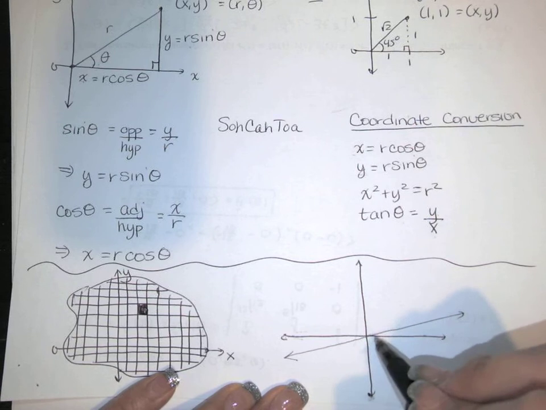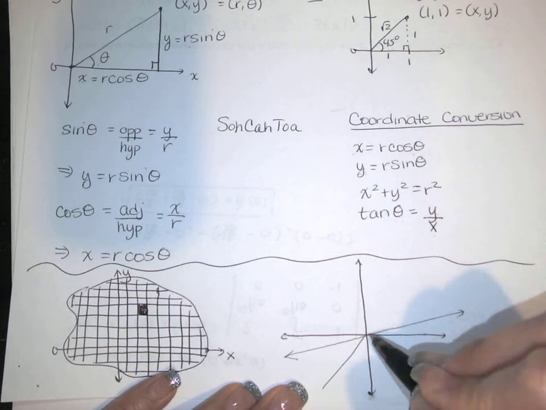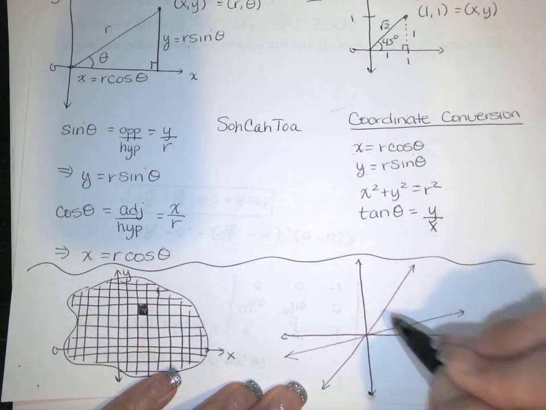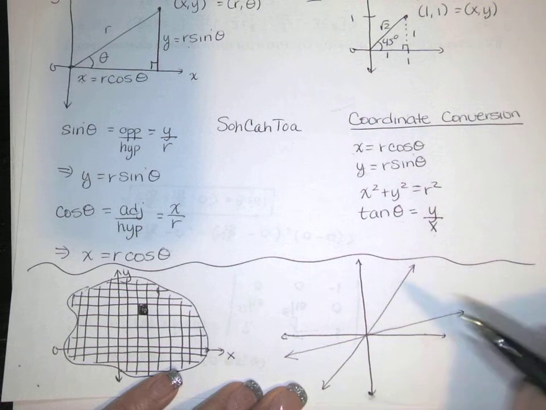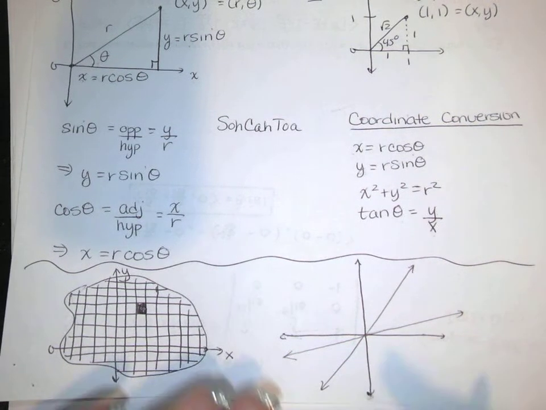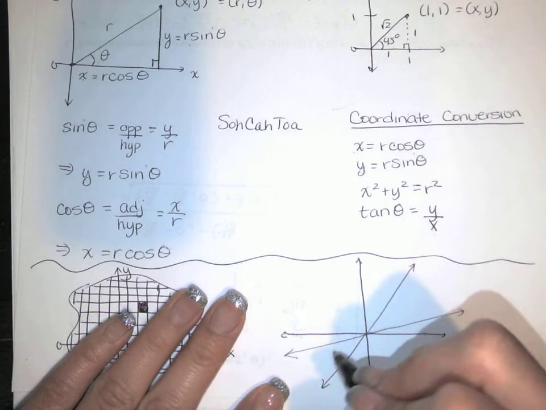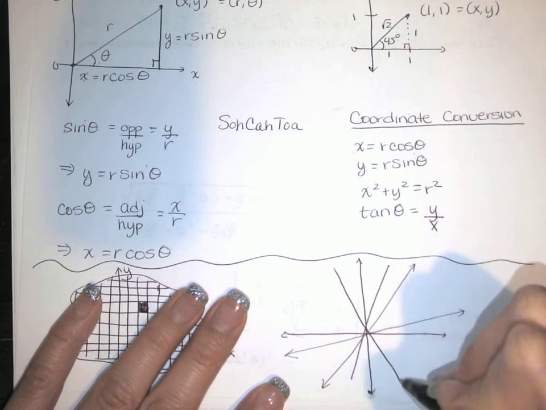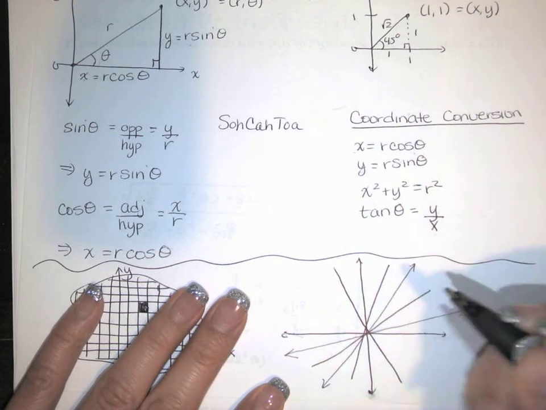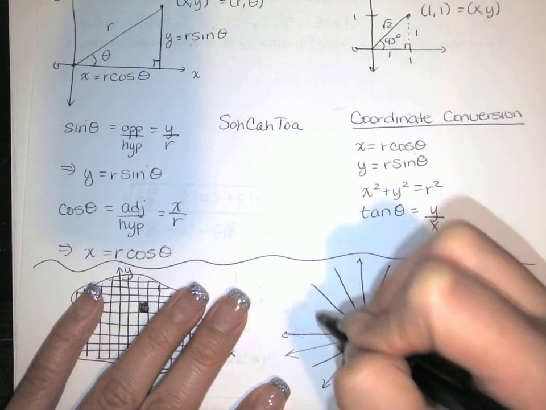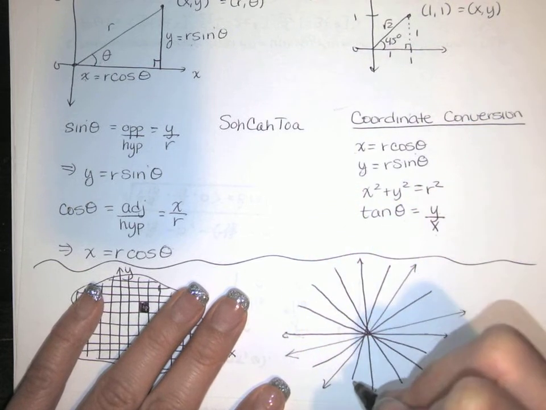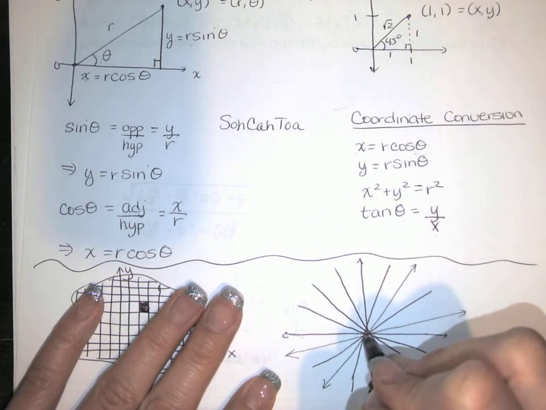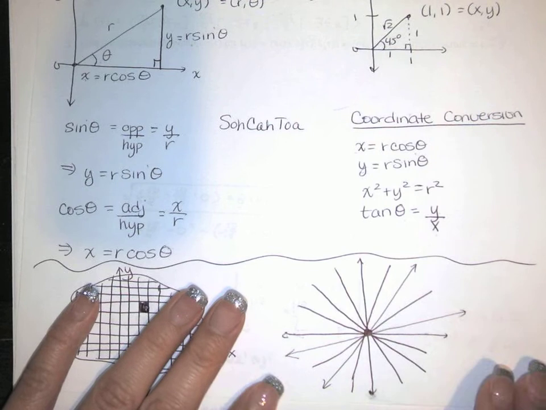If theta equals a different angle, let's say pi over 4, we get a line that looks like that. So as theta goes through all the possible values, we end up with a bunch of lines. They're supposed to go through the origin, if I did a good job with my picture. I'll just make my origin bigger.